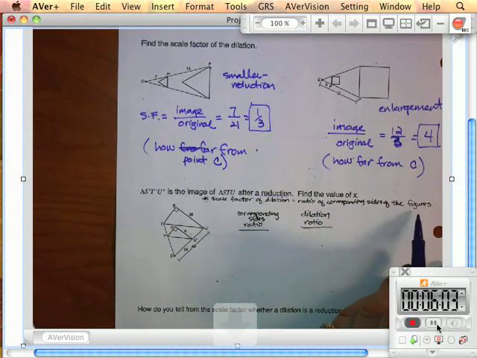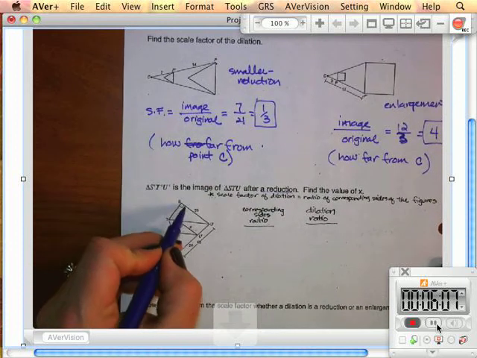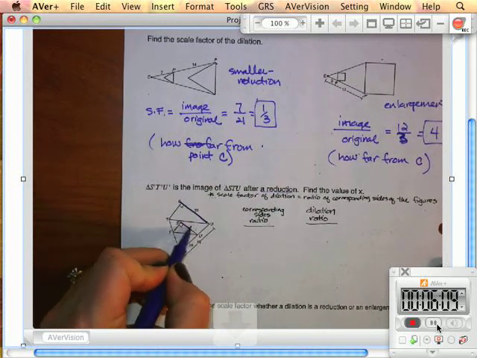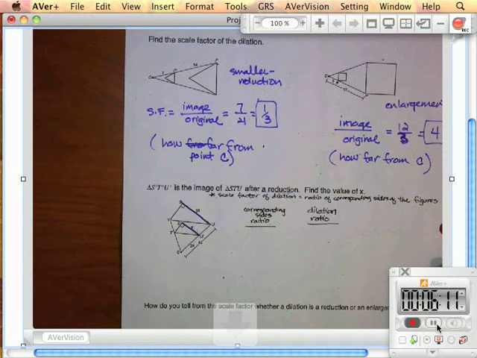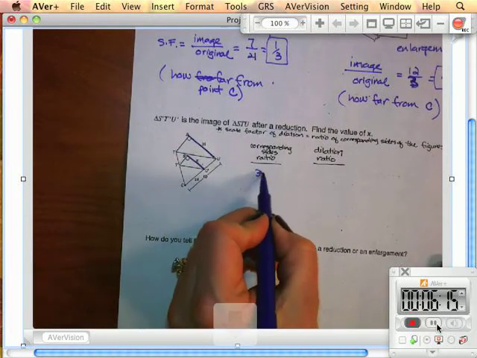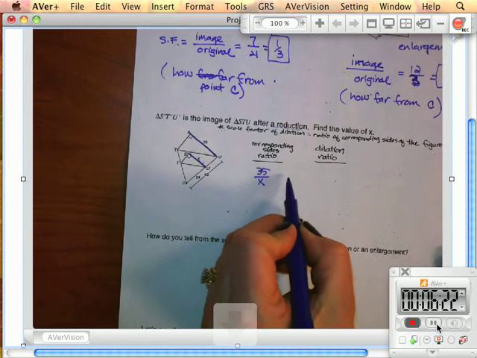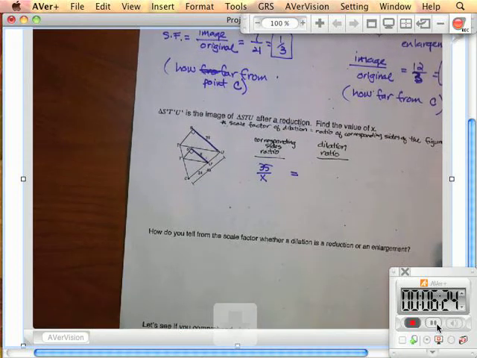So what I want you to do is look at this and say, okay, 35 is to x, right? Can you see that? So I'm going to set up that ratio: 35 is equal to x. And let's look at the ratio of the dilation. Where's C?